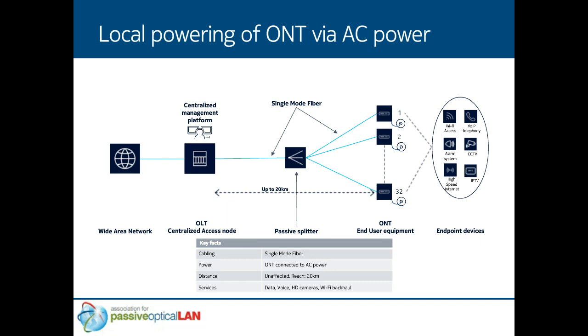Powering ONTs with AC power is used in indoor deployments and addresses most applications in enterprises, hospitality, and educational institutions, by utilizing the same electrical outlets provided at the endpoint device. For example, a workstation or a PC in an office.